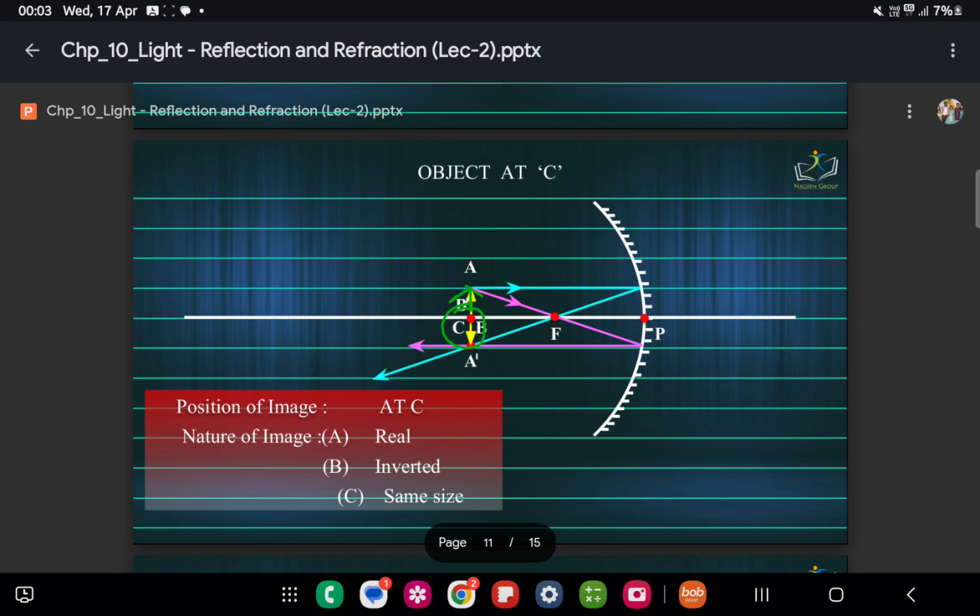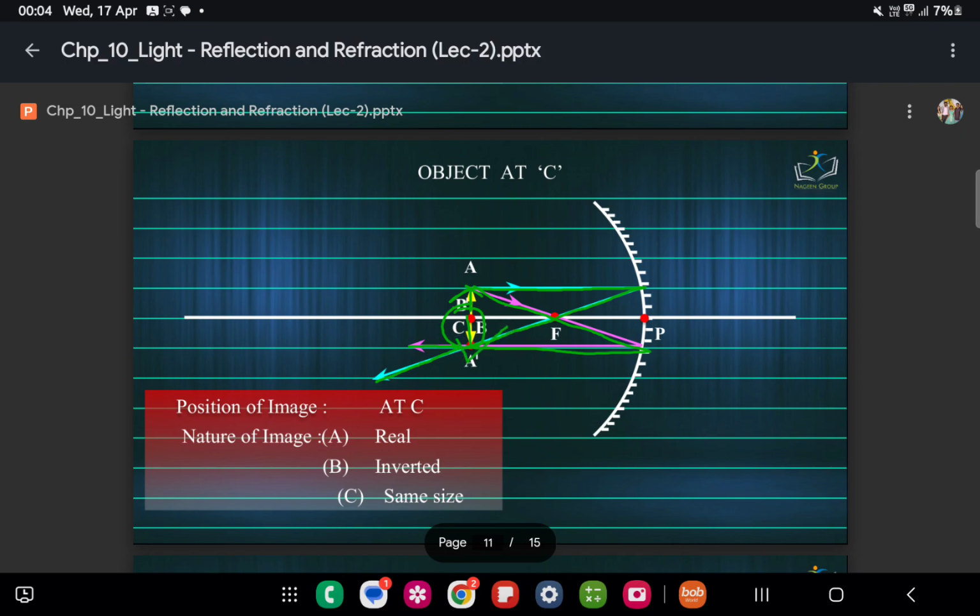We will see now that if AB is kept at C, it will reflect back through the focus. Exactly, all the rays pass through the focus, and the other ray also passes through the focus, then it rebounds back. We will get A dash and B dash at C, the center of curvature only.